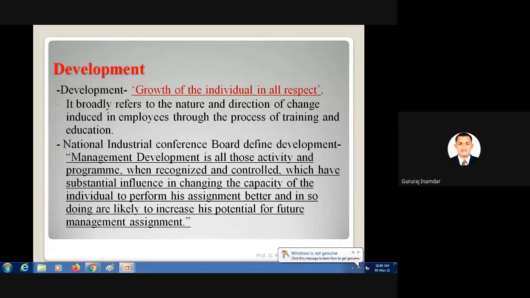Next point is how the National Institute Industrial Conference Board defined development. See the definition.